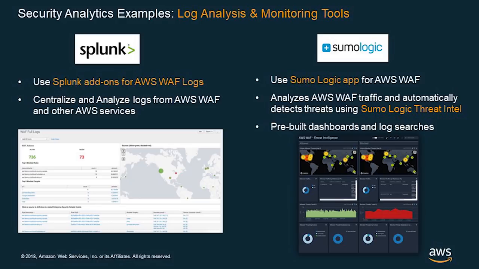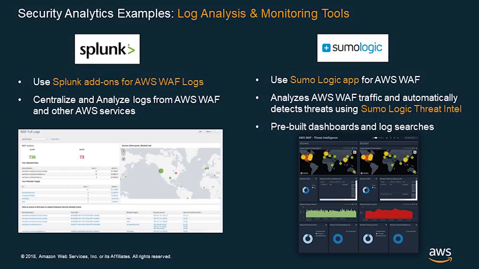Sumo Logic also has a dedicated app for AWS WAF, which provides some pre-configured dashboards and search capabilities. And these dashboards automatically use some of the threat intelligence that Sumo Logic already has to provide new insights and analytics on top of what WAF provides on the console.